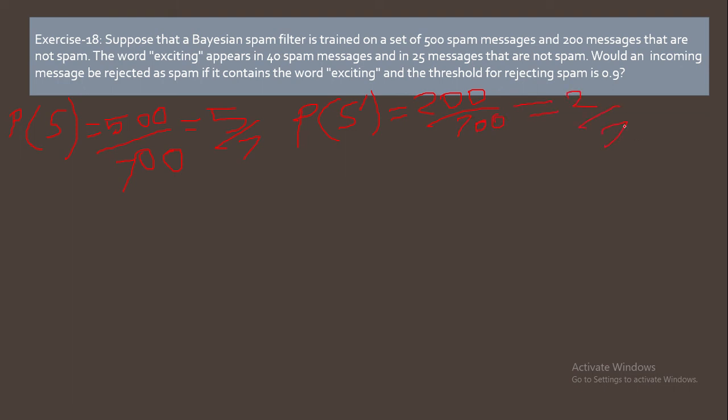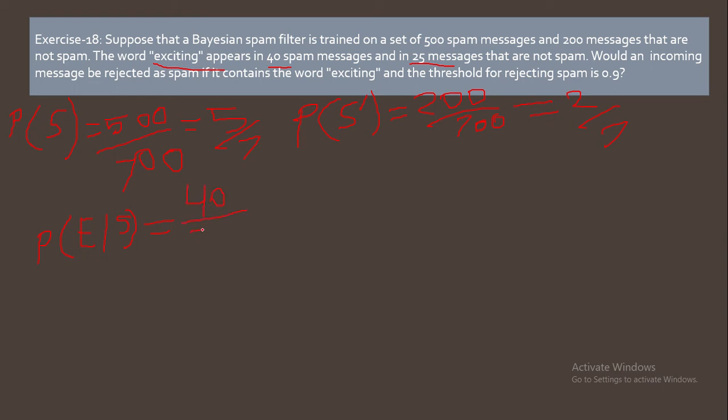Now if we look further, we will see that the word exciting appears in 40 spam messages and 25 not spam messages, right? So if we assume that the event of the word exciting appearing is event E, then probability of E given that S, that the message is spam, in that case the probability of the word exciting appearing is 40 divided by 500.